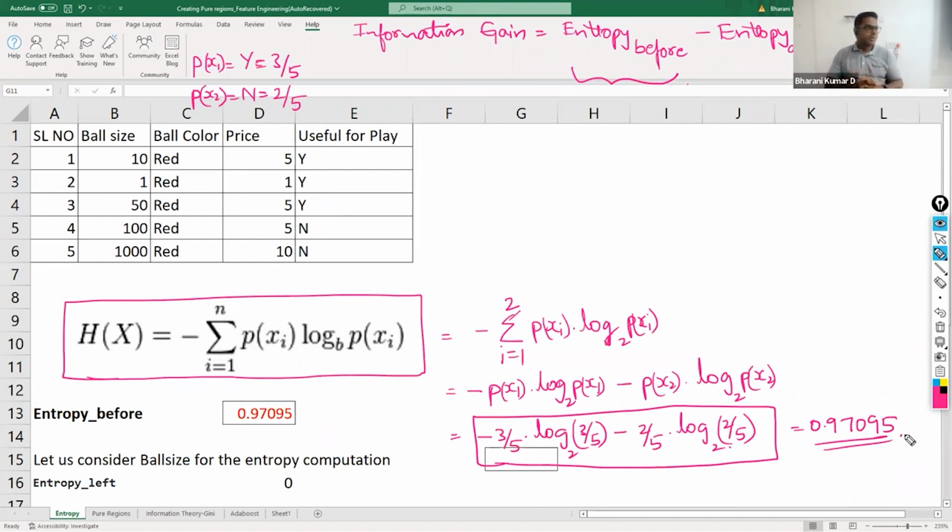Can you calculate that fast? No? To calculate, you just need to pre-calculate and keep it. Okay. All right. So we have entropy before.